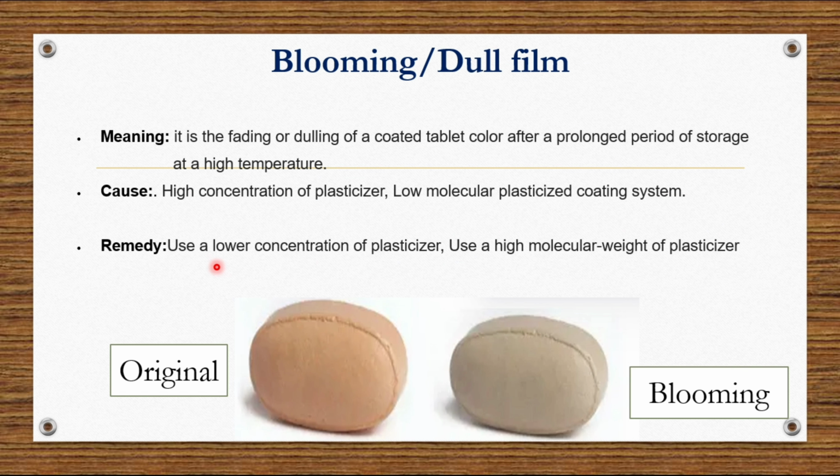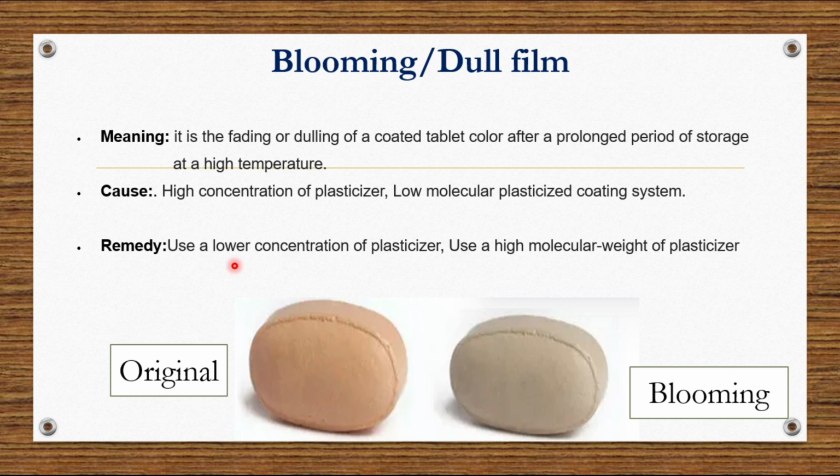Blooming or dull film. What is the meaning? It is the fading or dulling of a coated tablet's color after a prolonged period of storage at high temperature. What are the causes? High concentration of the plasticizer, low molecular weight plasticizers, plasticized coating system.